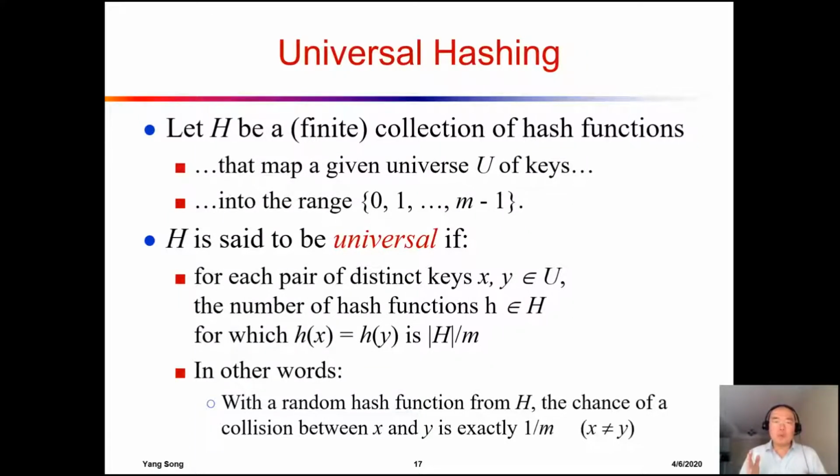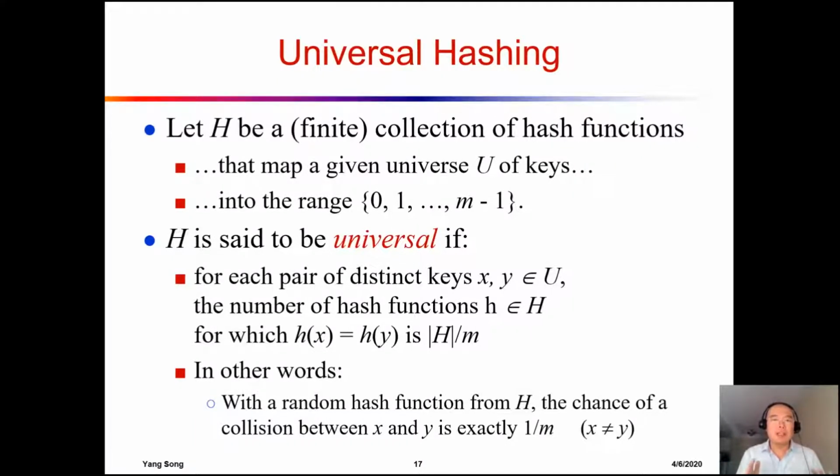If you don't like this definition, in other words, here is a better definition. If you have a random x and a random y, and you pick a random hash function from the collection of functions, the probability of the collision happening should be exactly 1 divided by m.